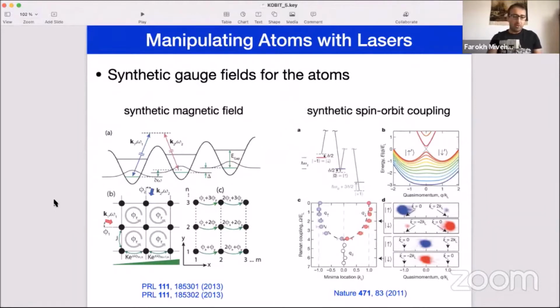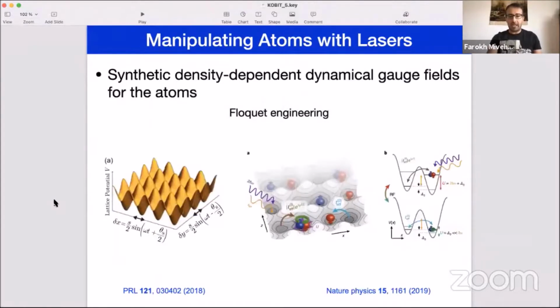Motivated by this, another generation of gauge potential proposals have been put forward to simulate a dynamical gauge field for the atoms. Most of this new generation of techniques are based on Floquet engineering.